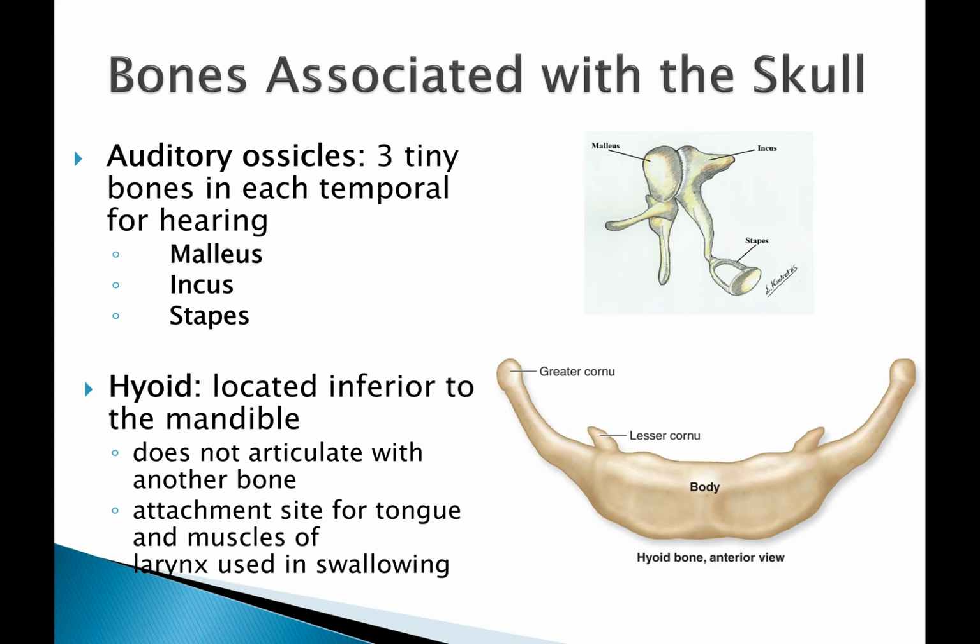Okay, in your larynx. It's kind of C-shaped. It has a large body, and then it's got these horns that stick out. The big horns are known as the greater cornu, and the smaller horns are the lesser cornu.